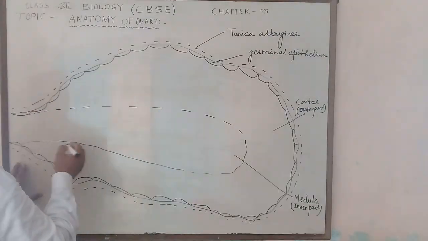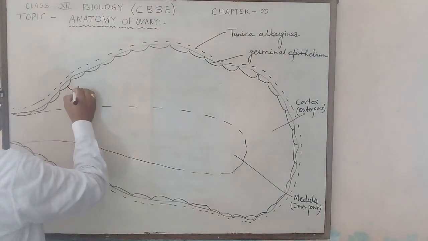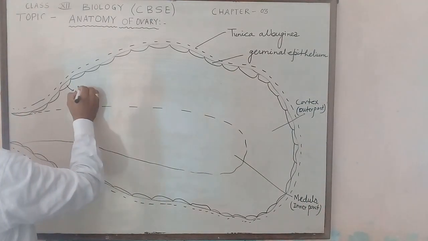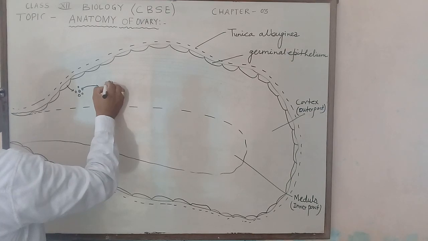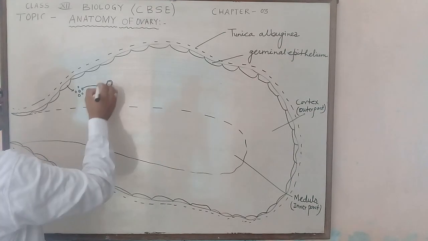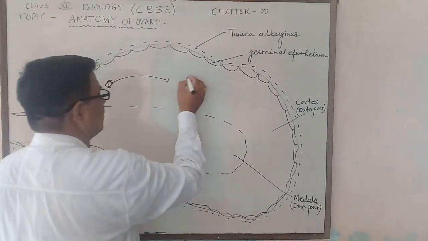The cortex generally has many Graafian nests. When a Graafian nest develops a single-layer membrane, it is called the primary Graafian follicle.